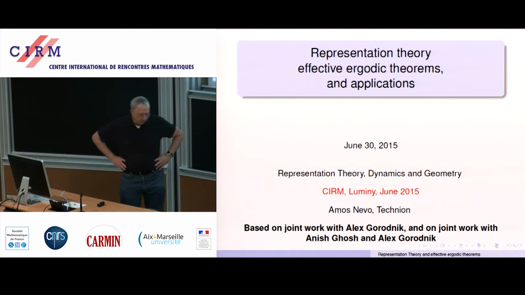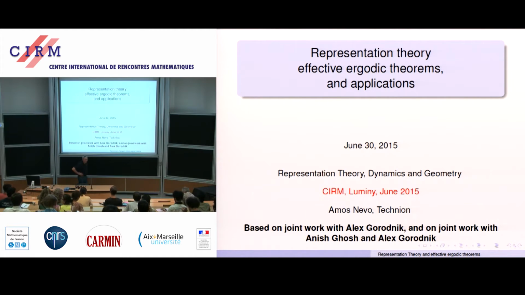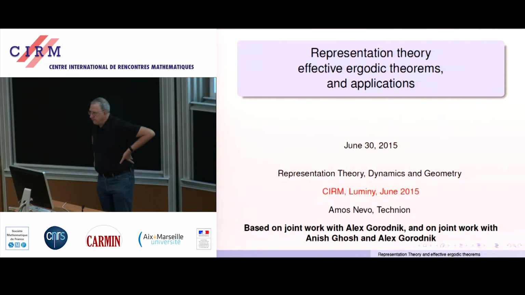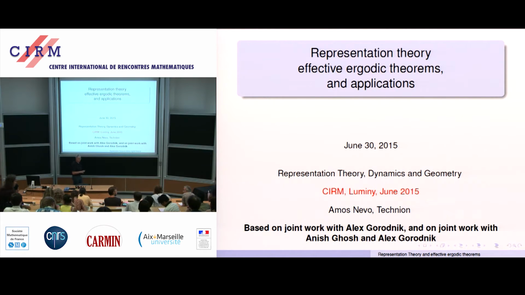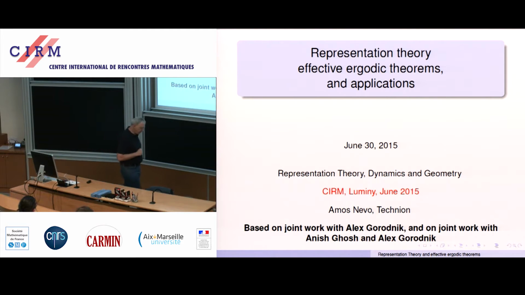First I will compare this result to those that are already known, and then we will move on to explain why the solution of the lattice point counting problem is the first fundamental step in proving the ergodic theorems that we stated a long time ago, namely on Monday morning.